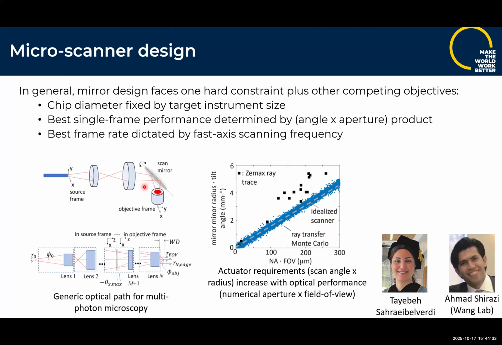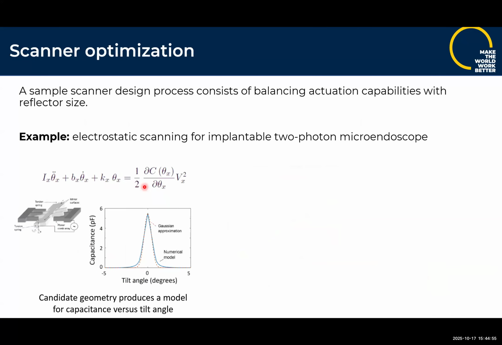So the upshot is your best optical performance is gotten if you can make your aperture as big as possible and your tilt angle as big as possible. Okay, that makes sense. And these particular examples come from work on an implantable two-photon mirror microscope developed by these students, my student Tayaba and Ahmed Shirazi from the Wang Lab a few years ago.